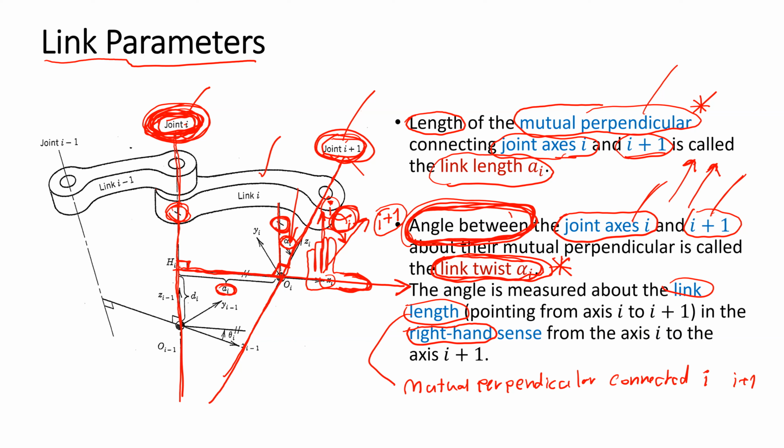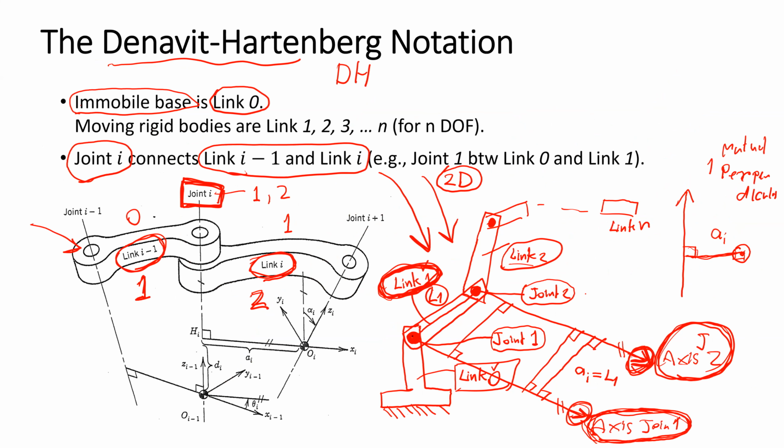So the link twist will be 0. In this picture, the joint axis of joint 1 and the joint axis of joint 2 are in the same direction, so the link twist will be 0.